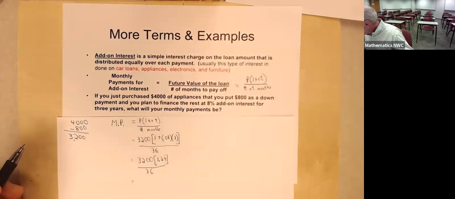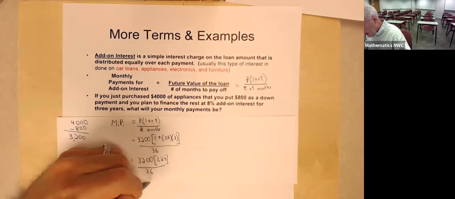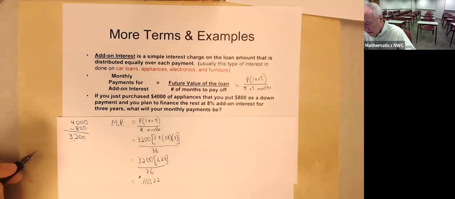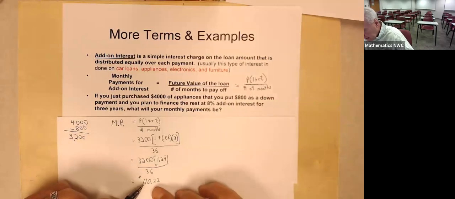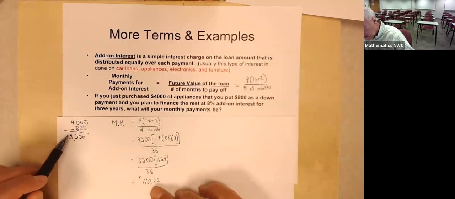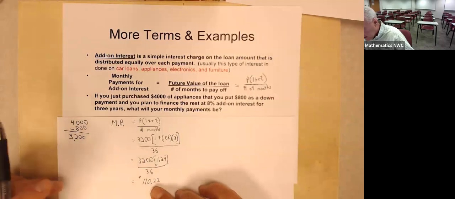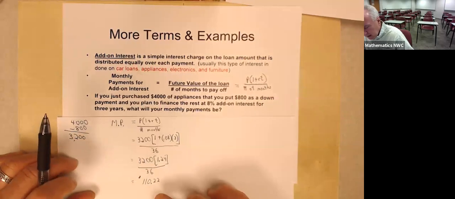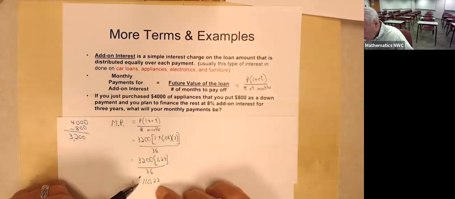It turns out to be $110.22. I rounded off to the nearest cent. That means I'm going to be asked to pay $110.22 every month for the next 36 months to pay off what I still owed on that particular set of appliances. I would like you to think why now.